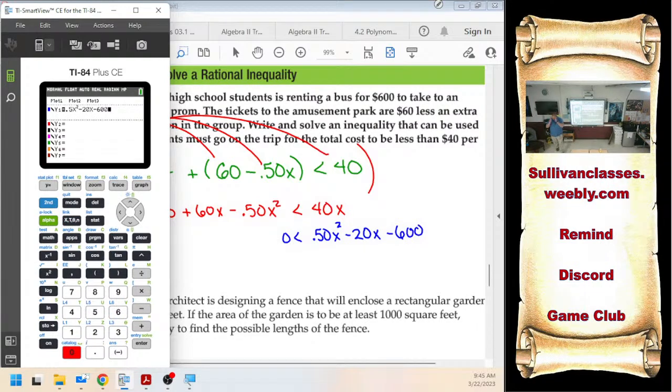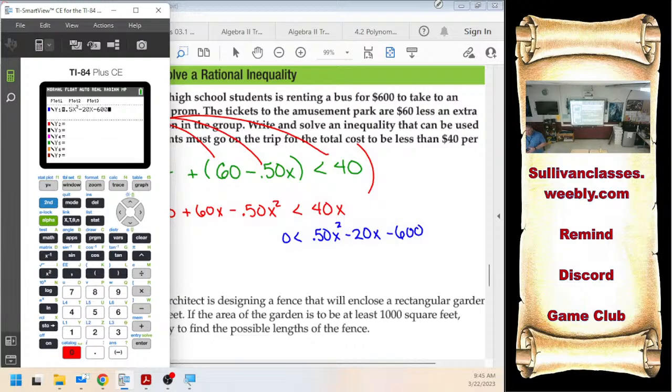Now I want you to think about this. Everyone just started pressing buttons. Think about a reasonable window here.